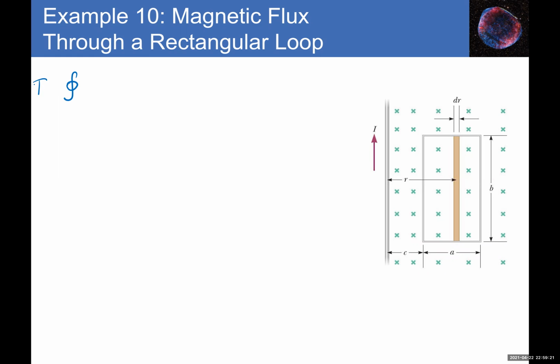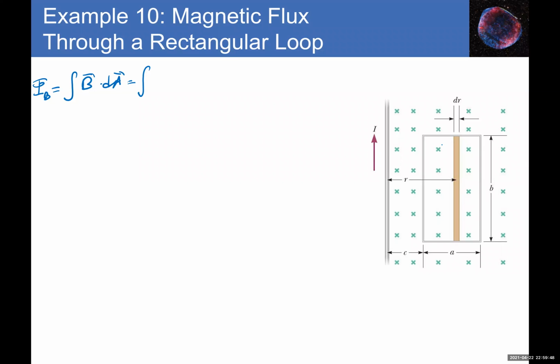So the magnetic flux equals the integral of B dot dA, the magnetic field due to the current. If I choose dl for my patch, the current and the magnetic field are perpendicular.